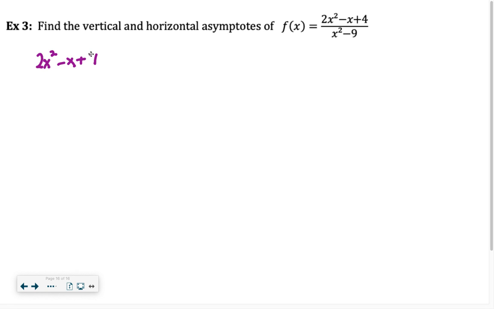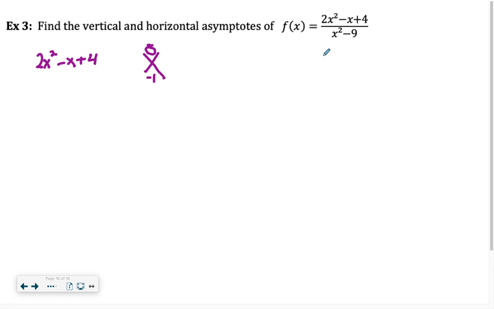So in this case, we're looking for two numbers that multiply to 8 and add to -1. Well, I don't think there are any. No factors of +8 that would add to -1. So in this case, I don't think that my numerator is factorable.